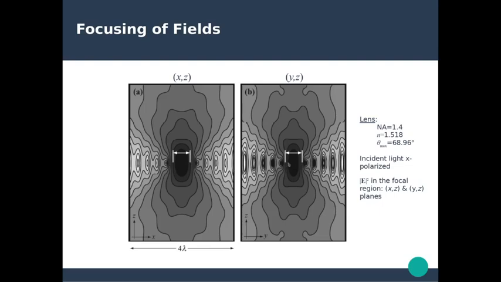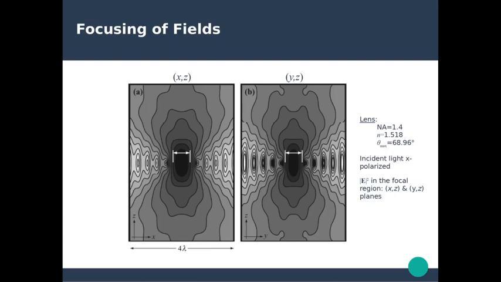So the beam is actually more focused in this y direction, which is orthogonal to the direction of polarization, than in the x direction. So this ellipticity is clearly shown here when you're looking at how your Gaussian beam is actually focused in a homogeneous medium.